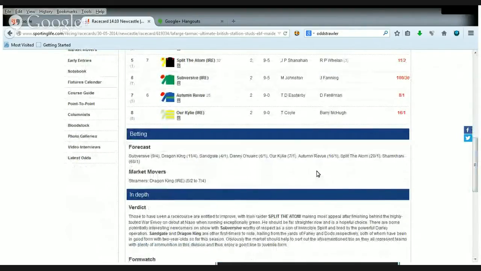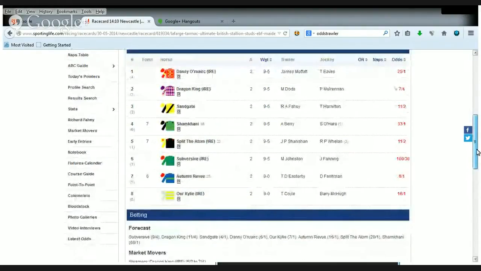Because it's 9 horses, we stick to the 2-3 selection. This is the 2-3: that's 1, that's 2, that's 3, that's 4, that's 5. The 2-3 selection is Dragon King and Sandgate. So we can look at Sandgate, which is 11 to 2, and Dragon King, which is 7 to 4.